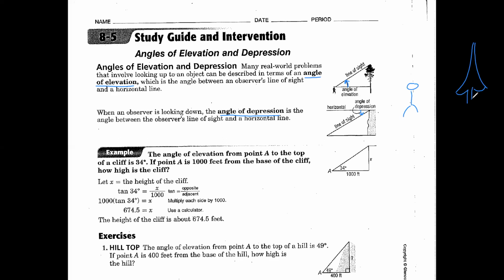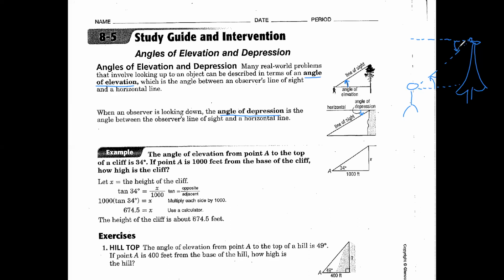I'm going to draw one little extra piece on top. I'm going to make a little bird. So on here, going from the person up to the bird, there is an angle of elevation. Going from the bird down, there's an angle of depression.